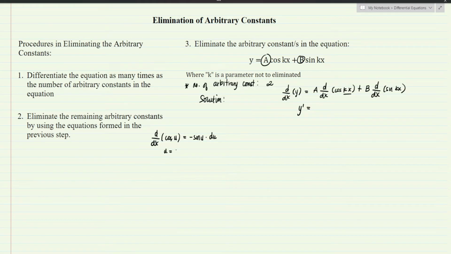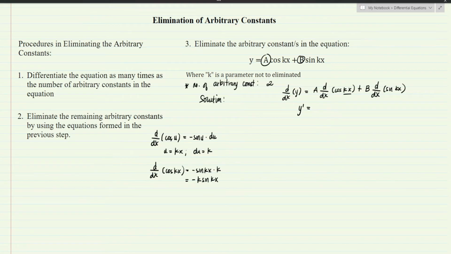So if u is equal to kx, the derivative of u would just be equal to k. If I have here cosine kx, its derivative would be negative sine kx times k. Or if I simplify this one, this would be equal to negative k sine kx.